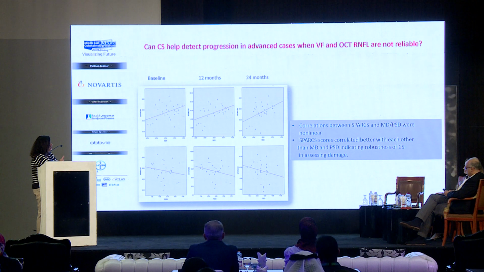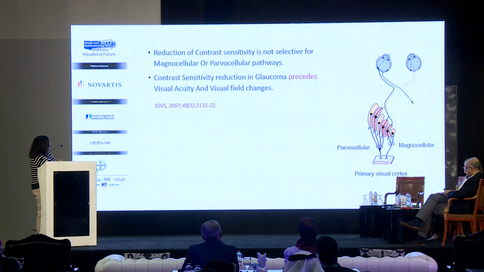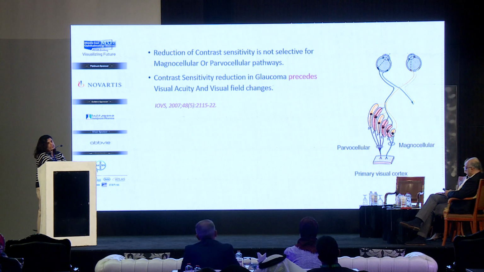When SPARCS scores were correlated, they correlated way better than the mean deviation on the visual fields. The reduction of contrast sensitivity is not selective for the magnocellular or the parvocellular pathways that have been cited for glaucoma. So I guess that this precedes loss in visual acuity as well as visual fields.